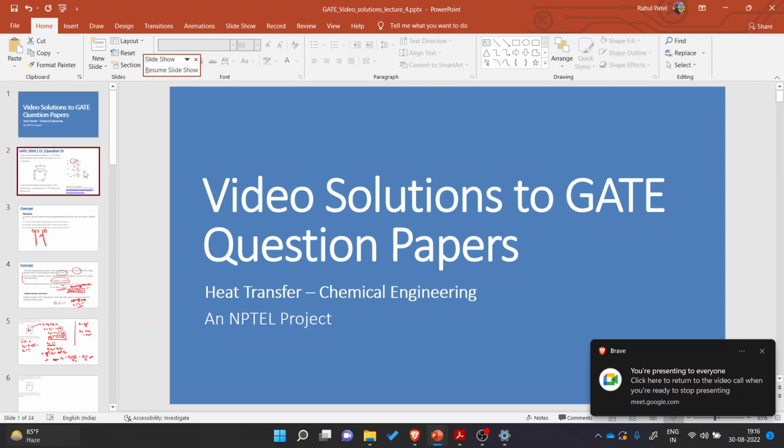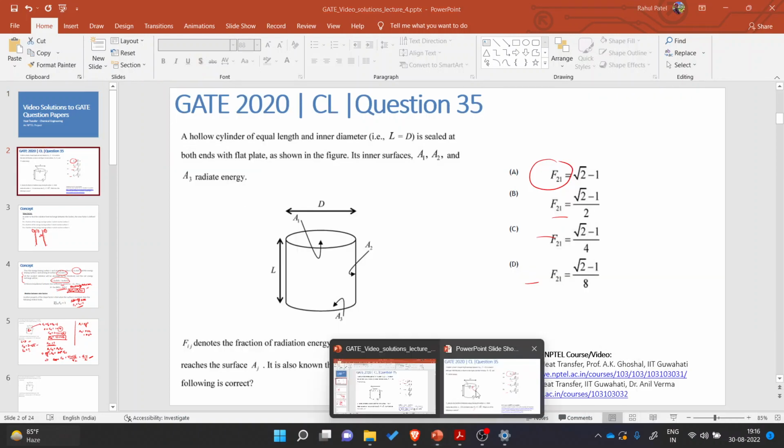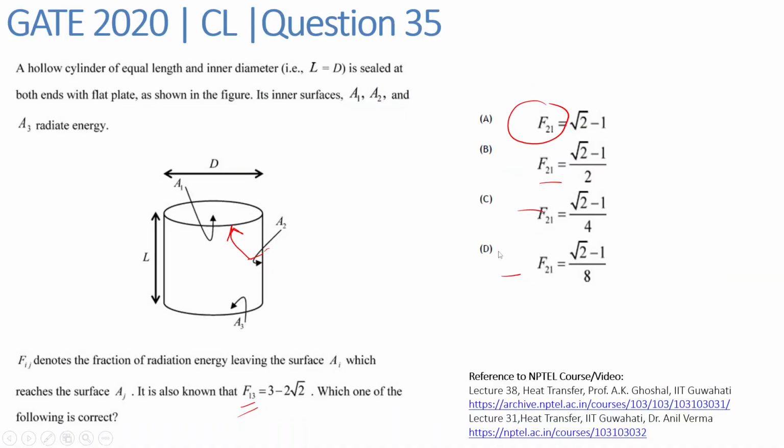Okay, so I'll just repeat that. Let's say I'm having two surfaces. This is my first surface, and this is my second surface. In both the surfaces, this inner side is the reflecting one.